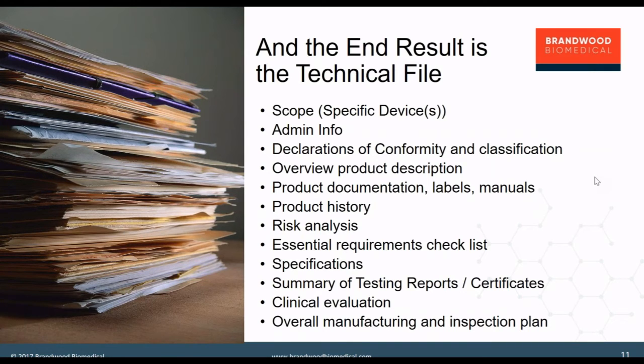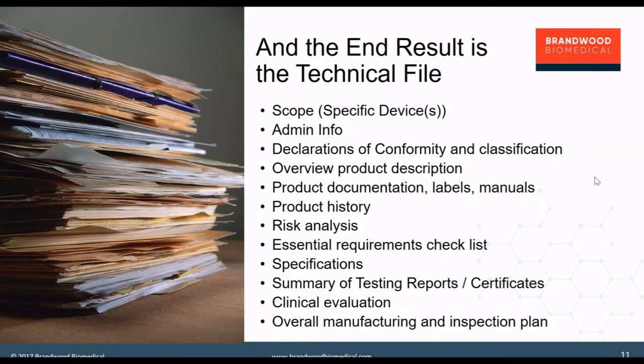All your product documentation, so again the labels, whether that be the product markings placed directly onto the product, whether that be stickers or marks which have been engraved or placed onto the direct packaging or the shipper label contents, all of that information has to be included in the technical file.